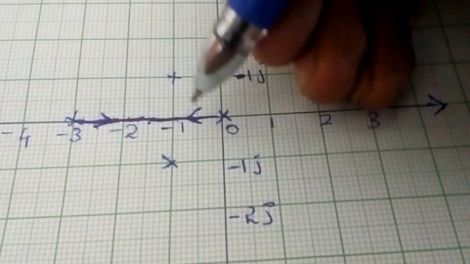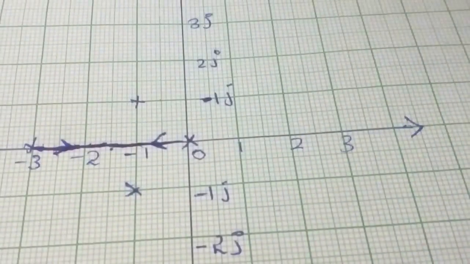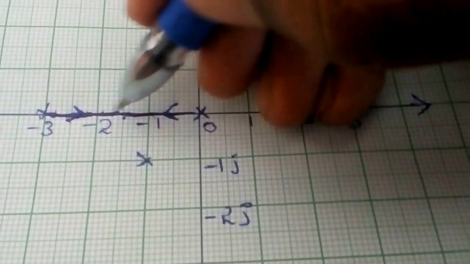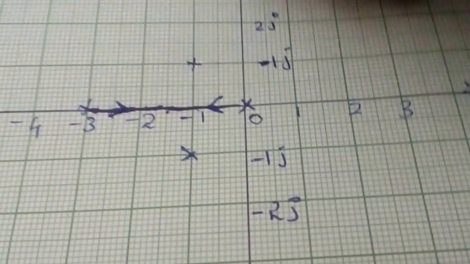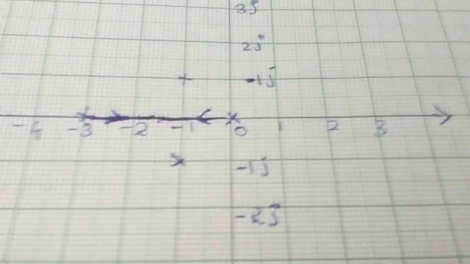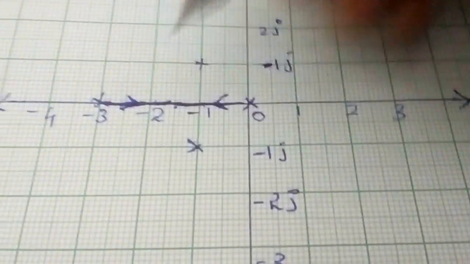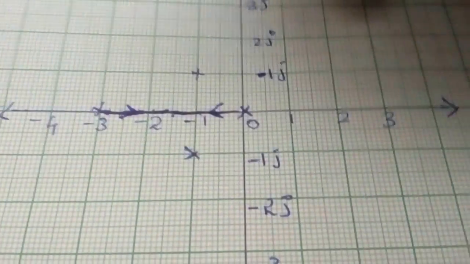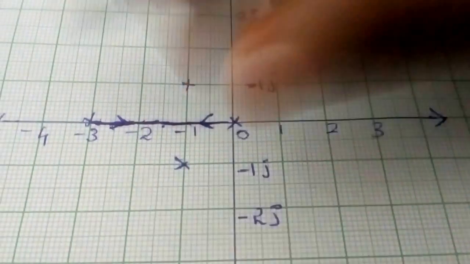When these poles are moving in this direction, at a point somewhere here they will meet each other and break away from the negative real axis. When two things collide, they will break away.